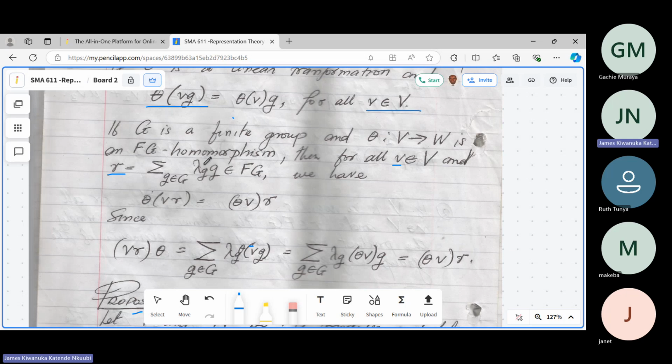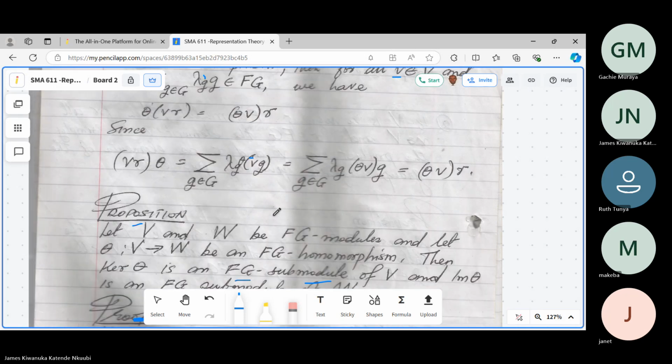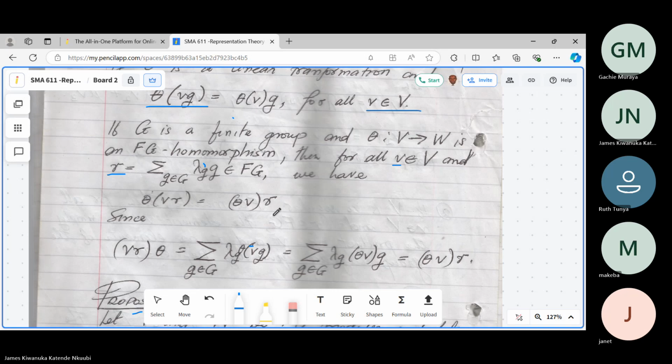There must be something missing here. Is it correct? We'll come back to it.